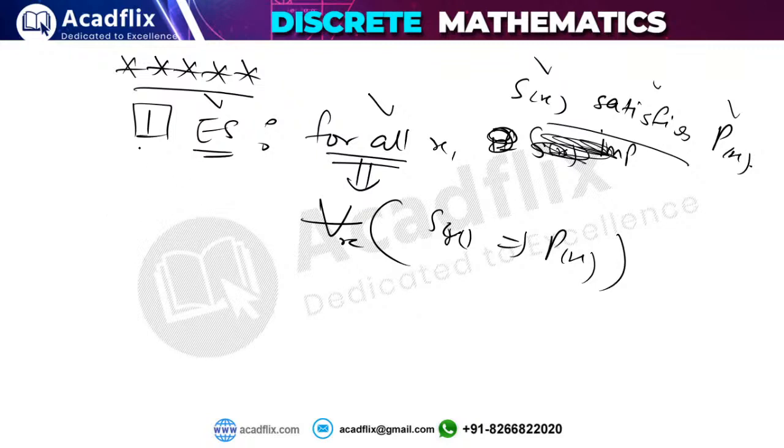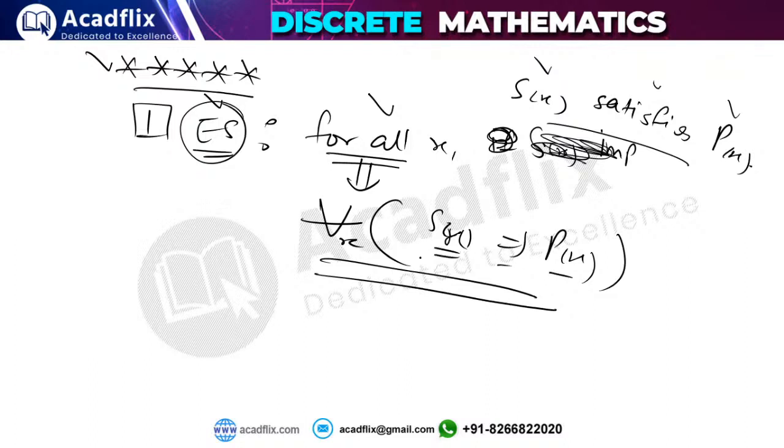But you can remember this trick: whenever you have an English statement of the form, for all x, Sx satisfies Px, you can convert it to: for all x, Sx implies Px. Remember, with the for all quantifier you use implication. This is the idea.